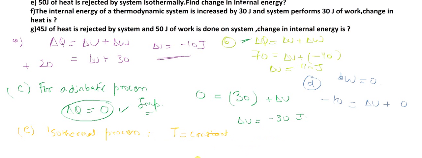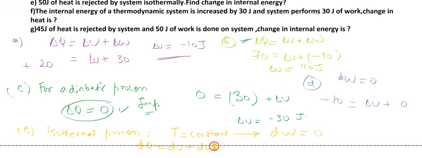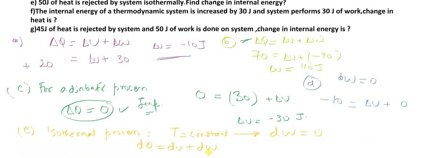And if temperature is constant, that means you can't do any kind of work. Work done is 0. So we again apply dQ is dU plus dW. This work done term becomes 0. So we are left with dU is equal to dQ, and since 50 joules of heat is rejected by the system, that means it is negative. So this is our answer.